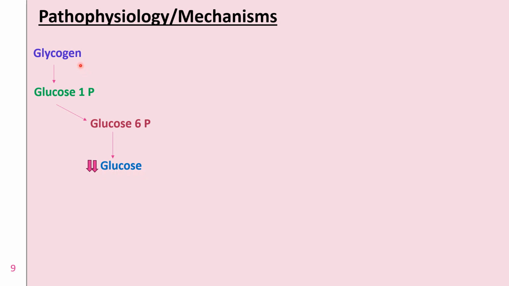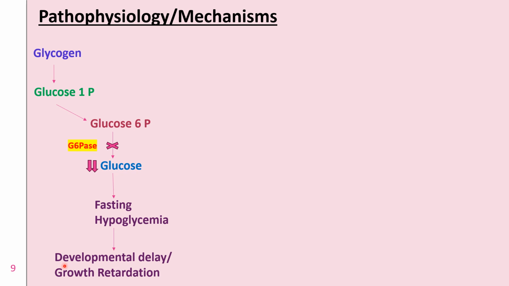This is the normal pathway which operates in normal individuals. But in patients of von Gierke's disease, this last step is inhibited because of the deficiency of the enzyme glucose 6-phosphatase, which causes decreased glucose production during the fasting period, leading to fasting hypoglycemia.